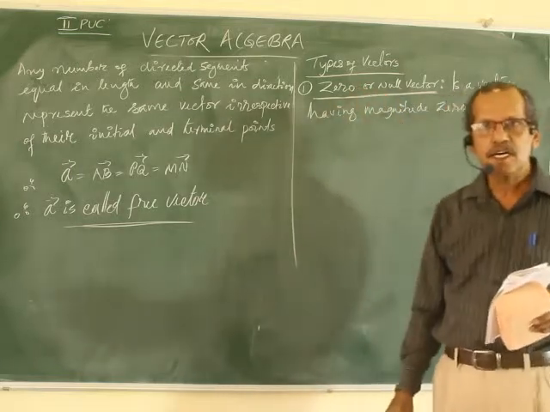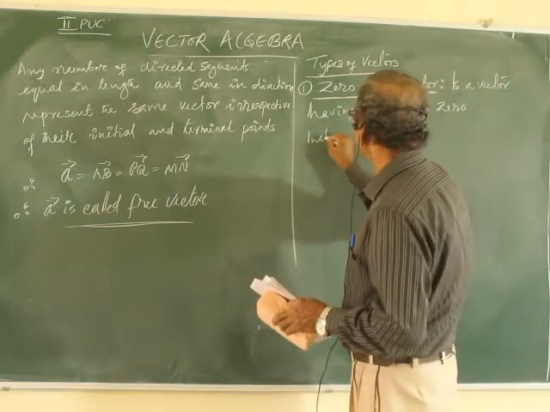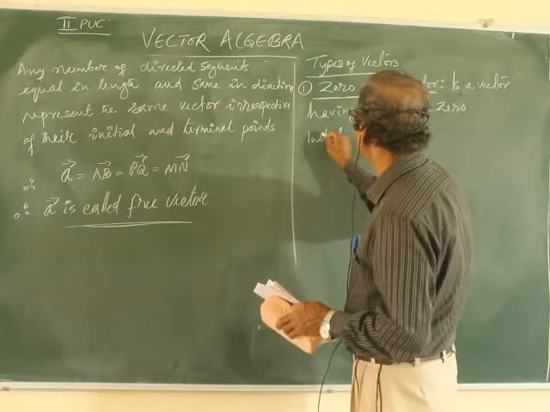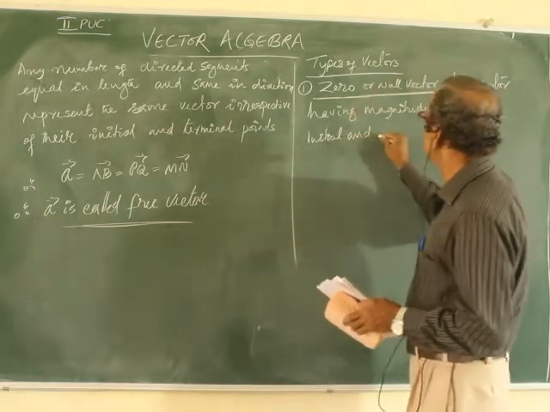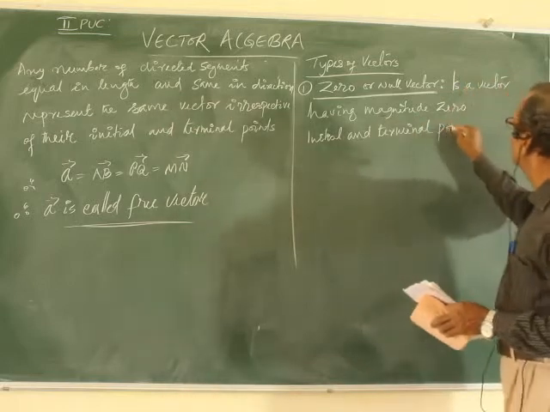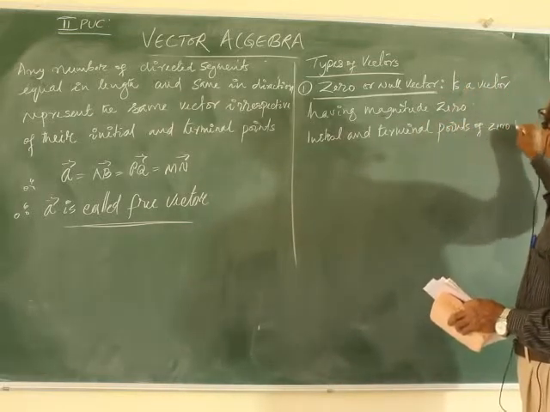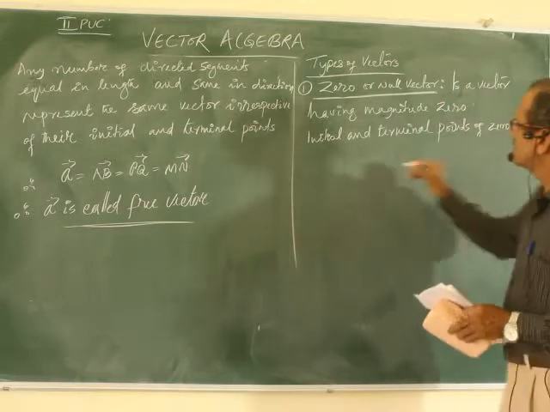That is why it is 0 vector. Initial and terminal points of 0 vector coincide.